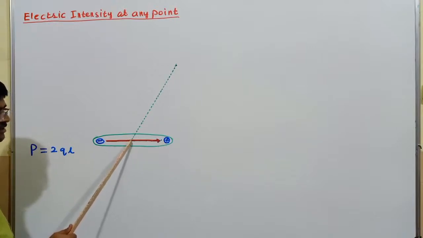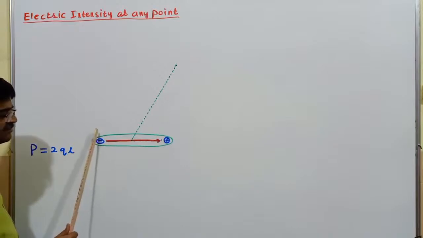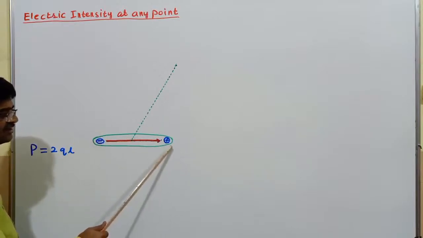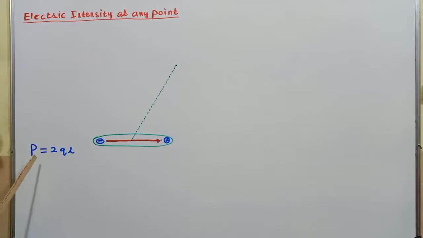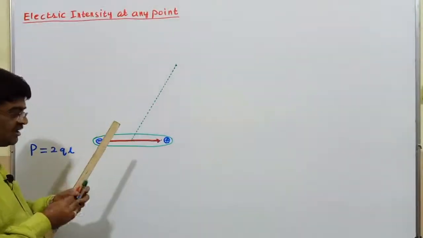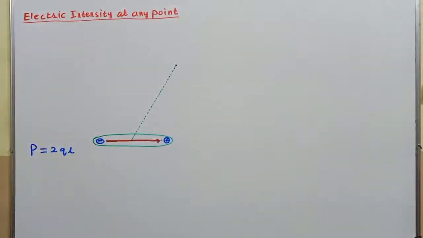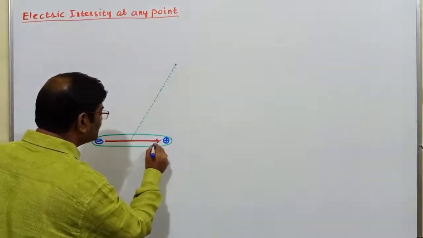Center of the dipole, magnitude of charges Q, separation between the two charges 2L, and what I have written here is dipole moment equal to 2QL. Direction of the dipole moment I have already shown here.